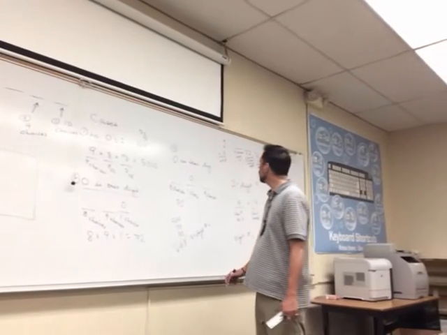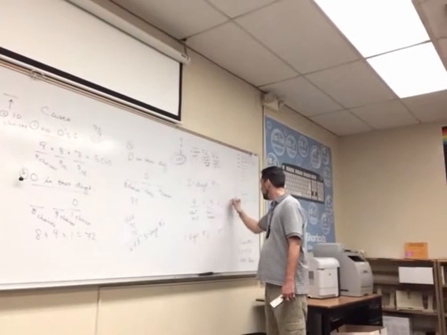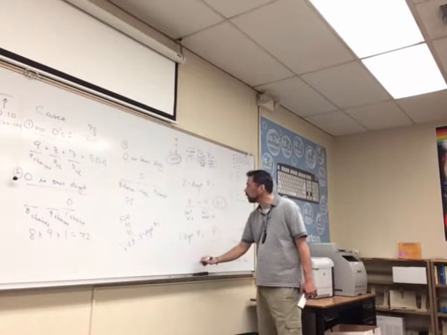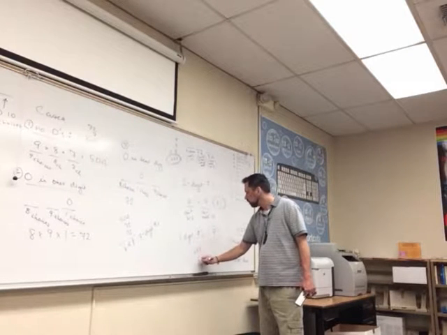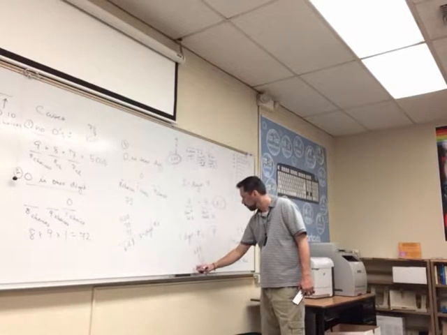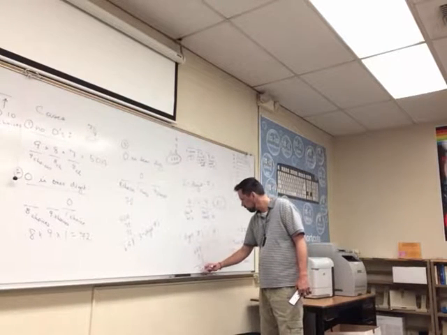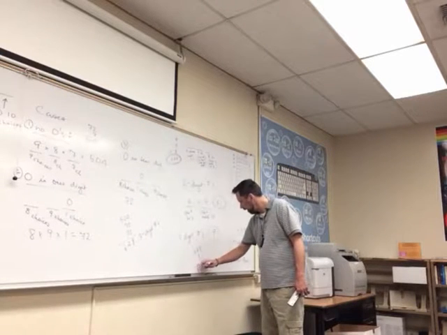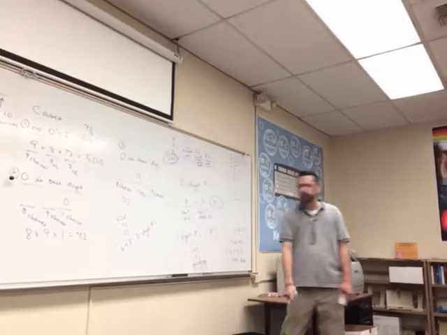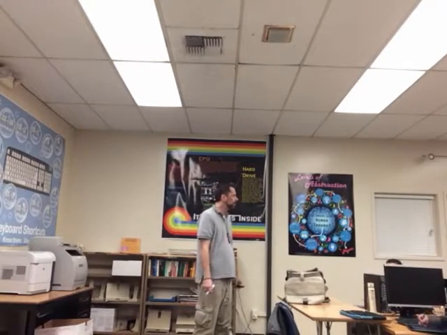Okay, so there's 648 of those. There's 81 of these, and there's 9 of these for a grand total of 738. 738 integers less than 1,000 that have distinct digits.